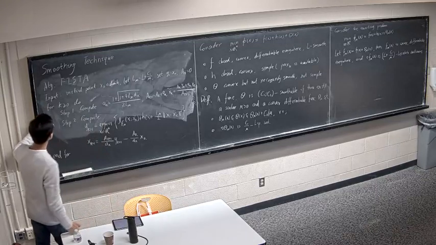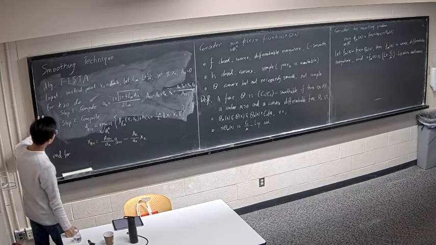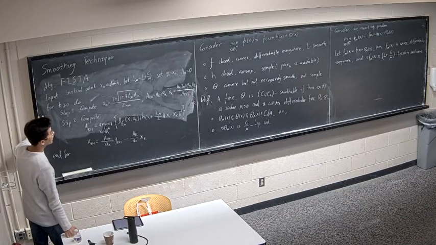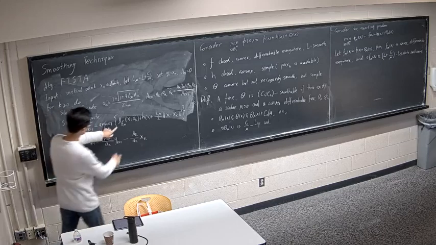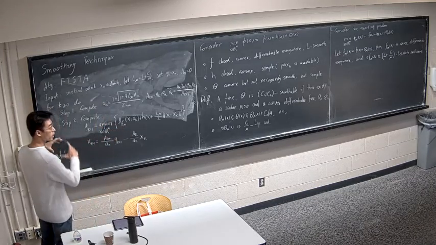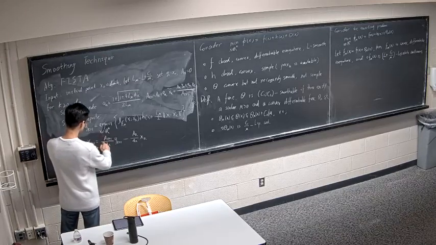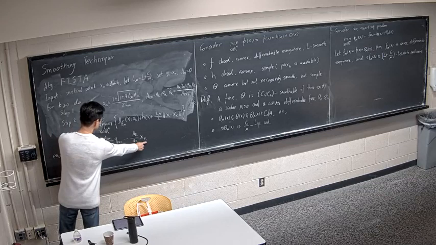This is the same algorithm as we presented before, except that now we assume the function f mu is differentiable everywhere. Before, we assumed it's only differentiable on the set omega, and so we needed to do a projection of this point onto omega.